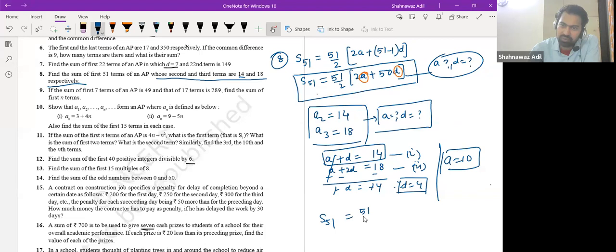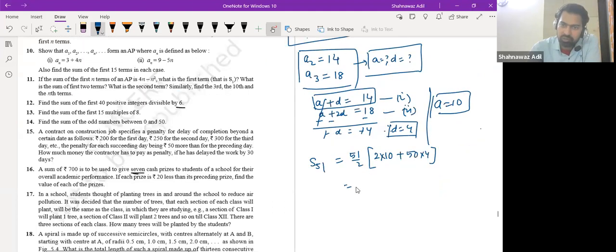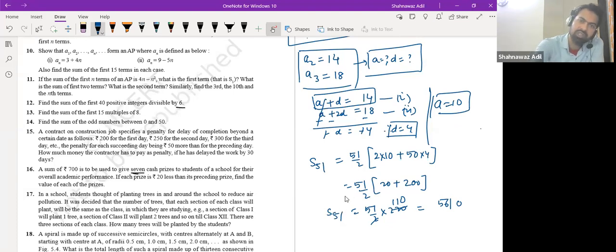So S51 is 51 by 2, 2A is 20, plus 50 into 4, which is 200. So 51 by 2 into 220. This is 110, so this is how much? 11 ones are 11, 11, 55 and 56. So this would be S51, right? So this was the idea of this question, understood?